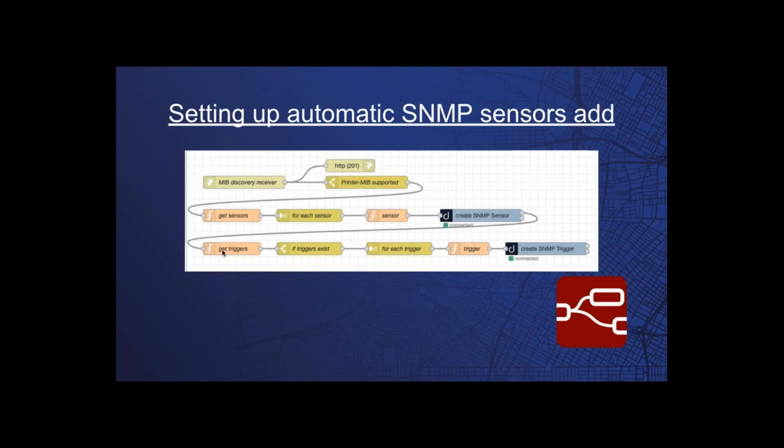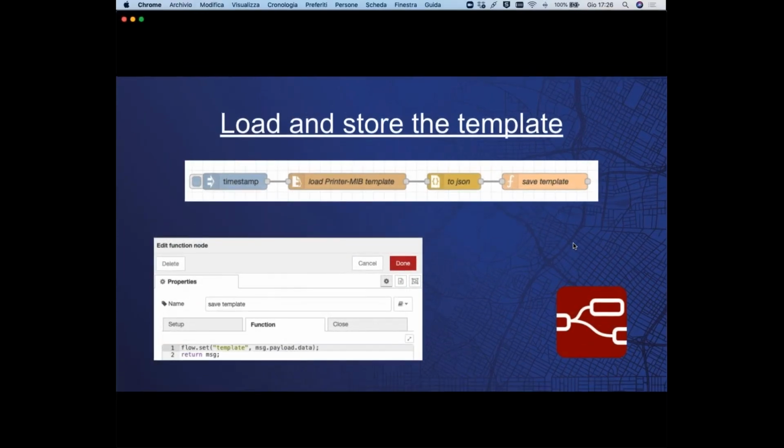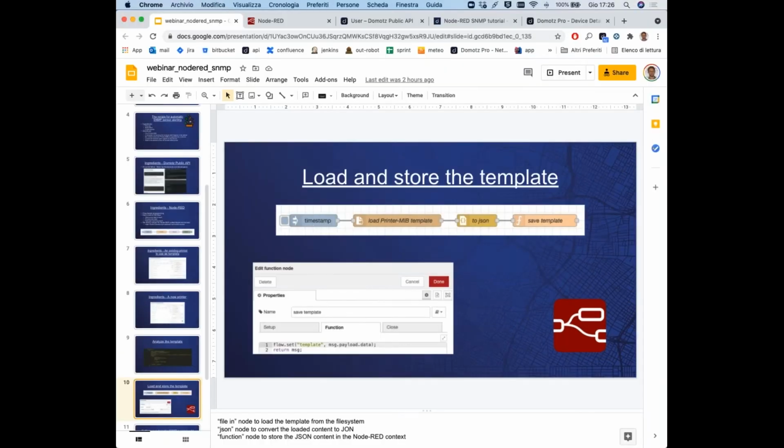Also, for each trigger included in the template, we create the trigger in Domotz. So let's start diving now into NodeRED, and we build our first flow.